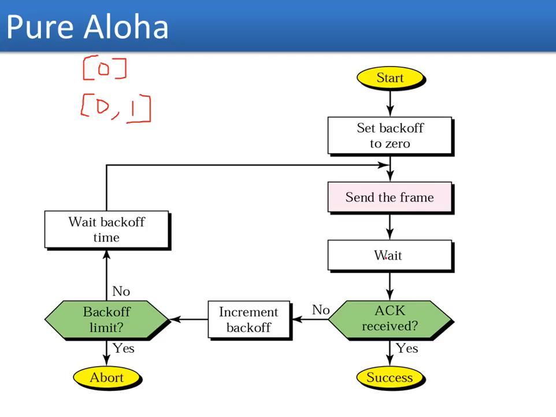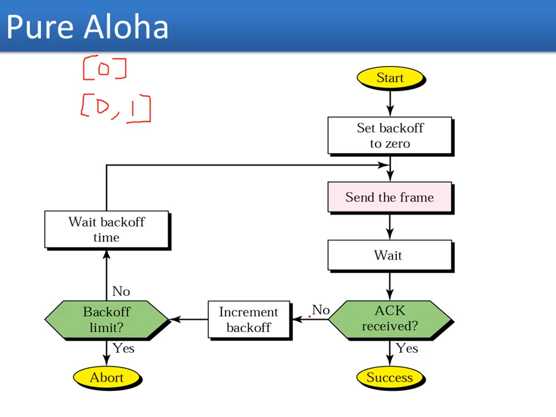If an acknowledgement mechanism is used, in that case the sender will wait for the acknowledgement. And in case the broadcast feature of the channel is used, the sender has to ensure that the packet has been delivered to the target successfully. So there will be a wait. If the acknowledgement is received, or that frame is successfully delivered, in that case success.